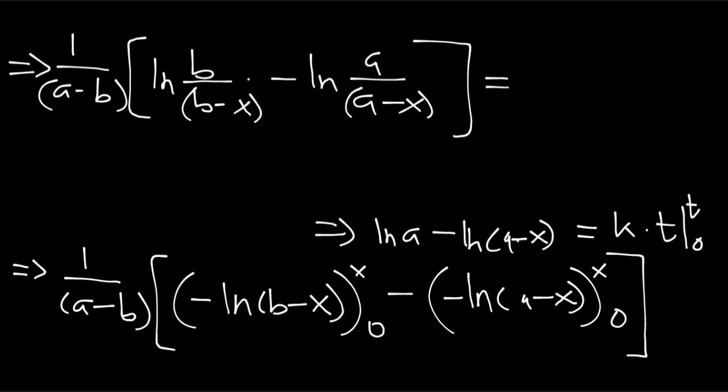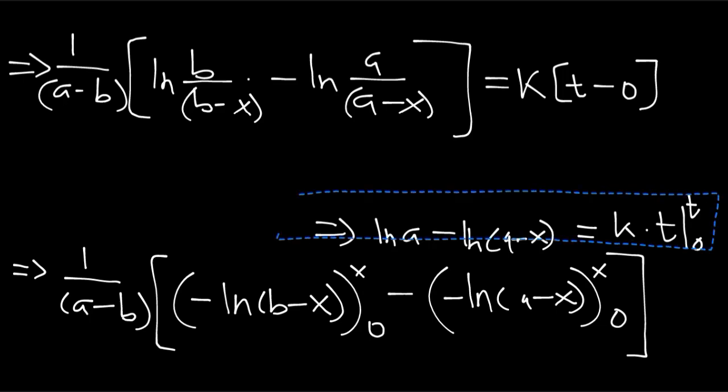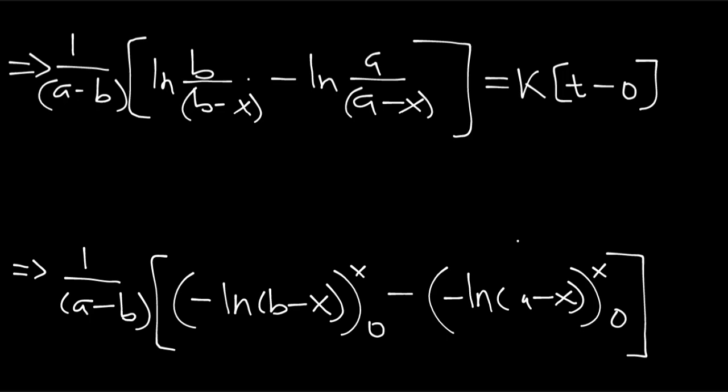And on the other side, we're just going to have k into t, which is the substitution of the variable t as the upper limit, minus the substitution of 0, which should give us 0, right? So this is what you have.